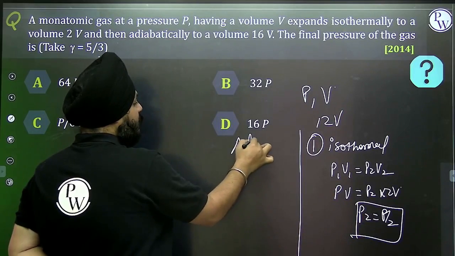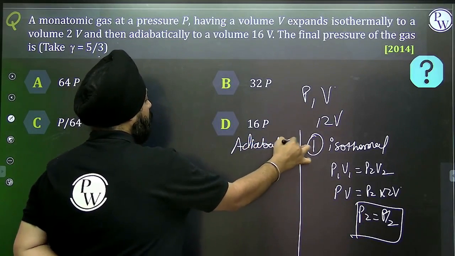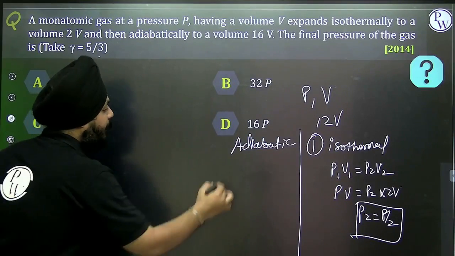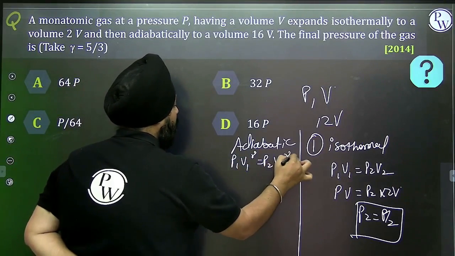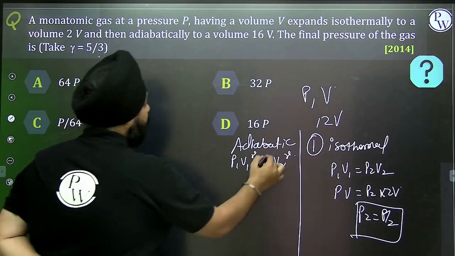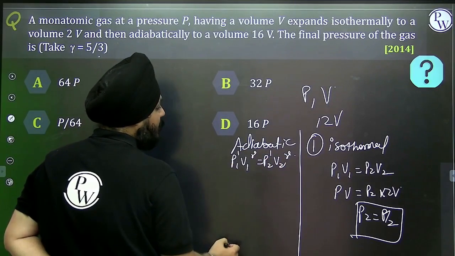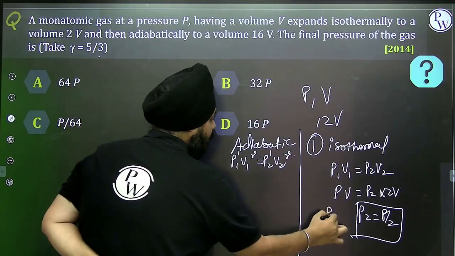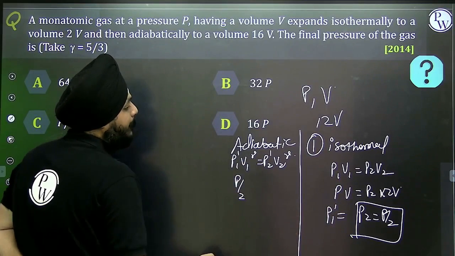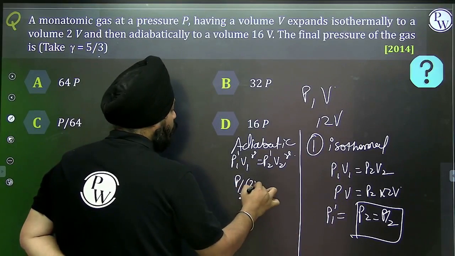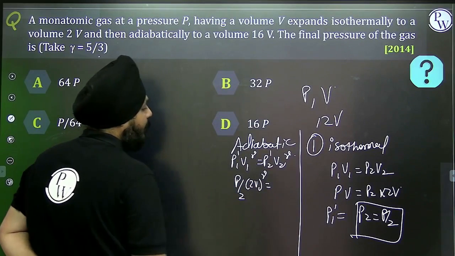Now the adiabatic process is going on. For the adiabatic process, can I say P1 V1 raised to gamma is equal to P2 V2 raised to gamma? Here P1 will be equivalent to P2 of the previous step, so it's P by 2, into 2V whole to the power gamma.